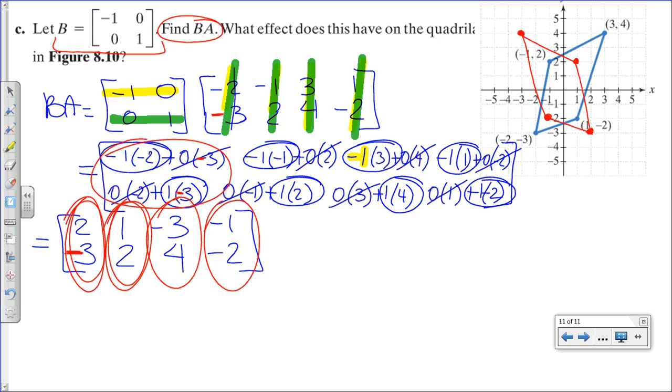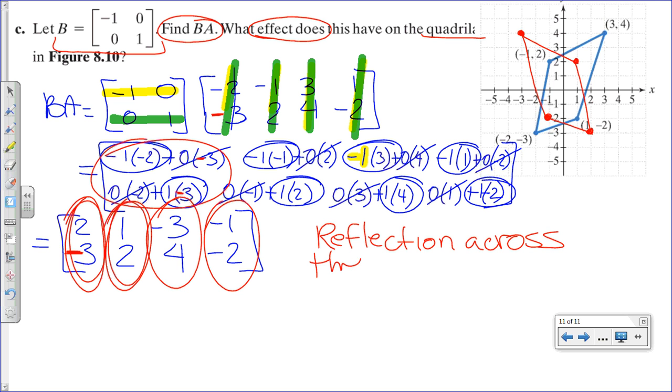And so, what type of transformation, what effect does that have on the quadrilateral? And we're going to say that it is a reflection across the y-axis.